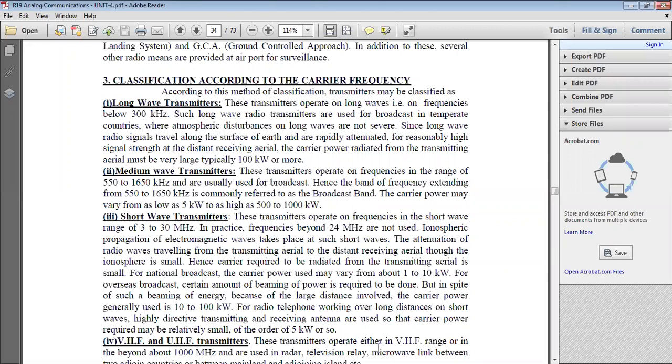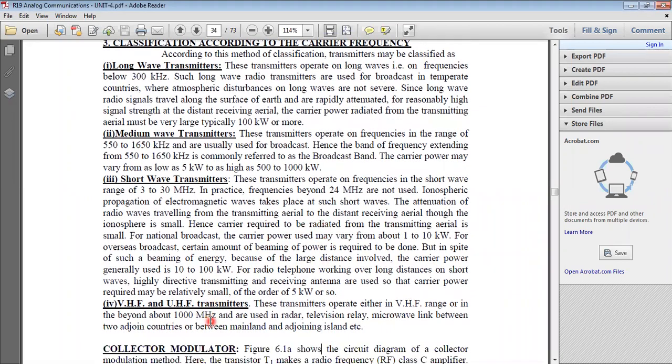In VHF and UHF, we use carrier frequencies beyond 1000 megahertz, which are mainly used for radar, television, and microwave links. We use these transmitters. So this is the classification of transmitters.